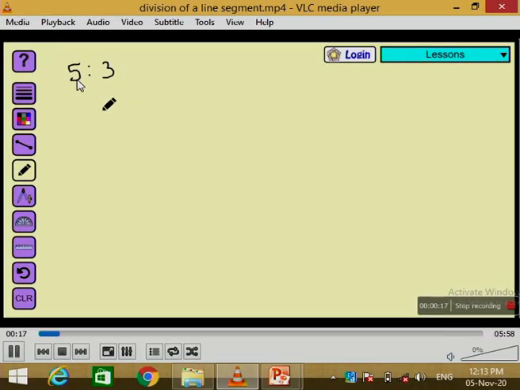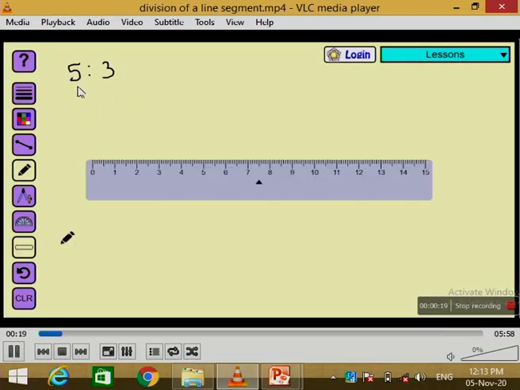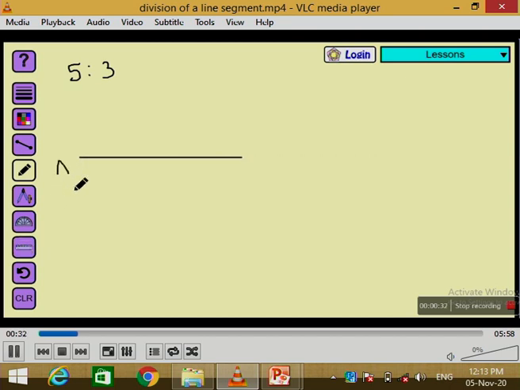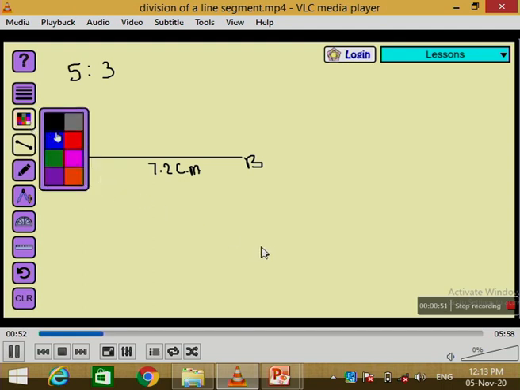See, my dear children, how the line segment is to be divided in the ratio 5:3 practically. Take a line segment AB of 7.2 centimeters, and then draw an acute angle ray AX underneath that line segment AB.